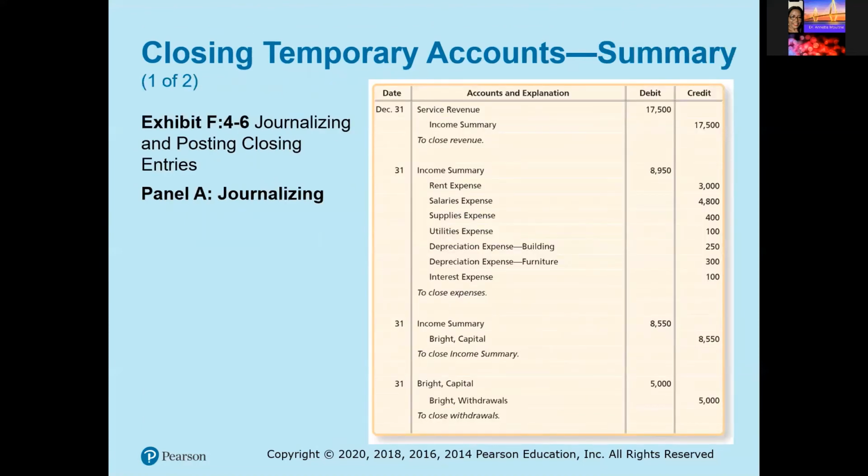Here in Exhibit 4-6, it shows the complete closing process for Smart Touch Learning. Now this panel A, journalizing, gives the closing entries. These are the entries.